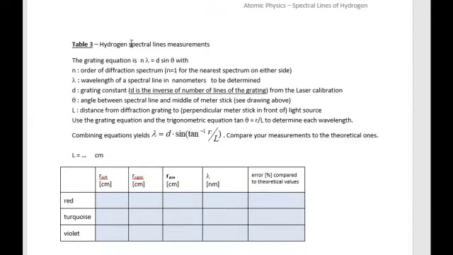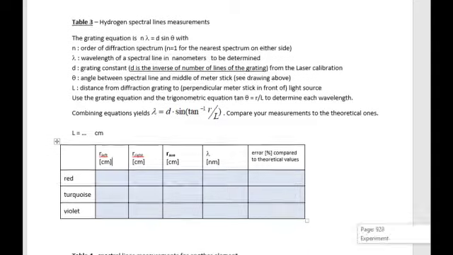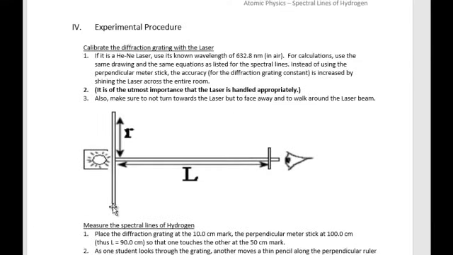So hydrogen spectral lines. You're going to see that I measured the red, turquoise, and violet, and here the numbers that I measured are on a meter stick, which is measured from the very left. So from the very left here, I come up, for example, with 12 centimeters or 88 centimeters.